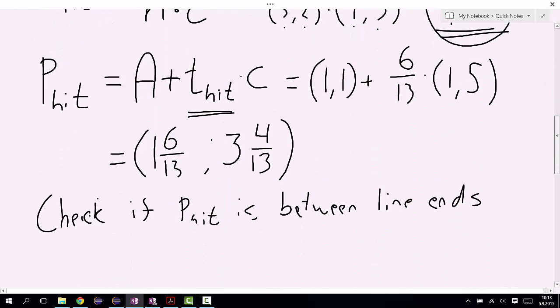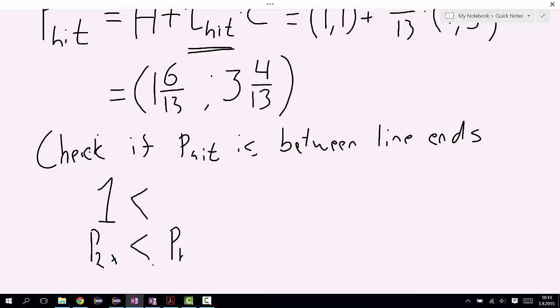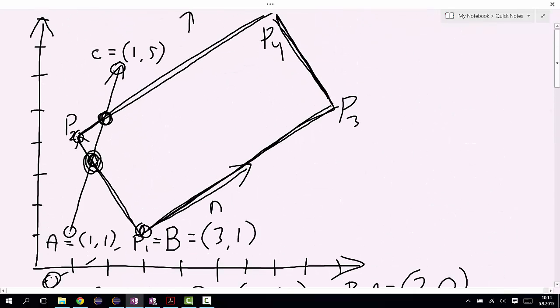So we just need to see is P2x smaller than P hit x, which is 1 and 6/13, which is smaller than P1x, which was 3.